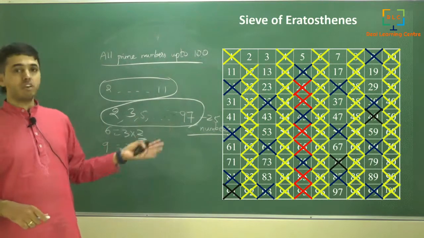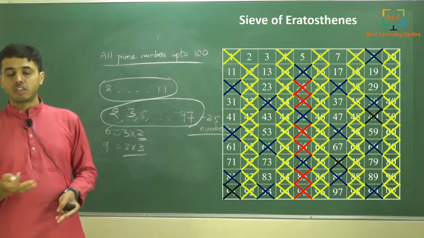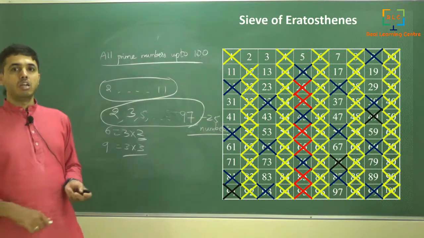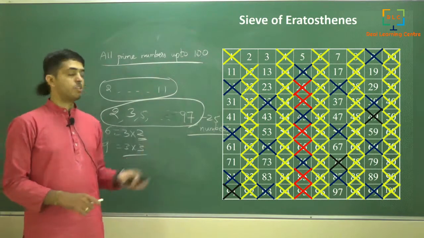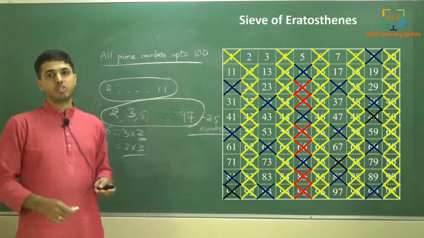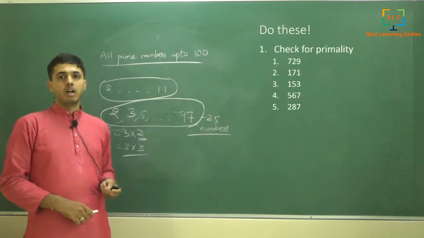So using this technique of the sieve of Eratosthenes, we are easily able to compute the list of all prime numbers starting from 2 up to that given number. I hope this algorithm impressed you and you are able to make good sense of it.